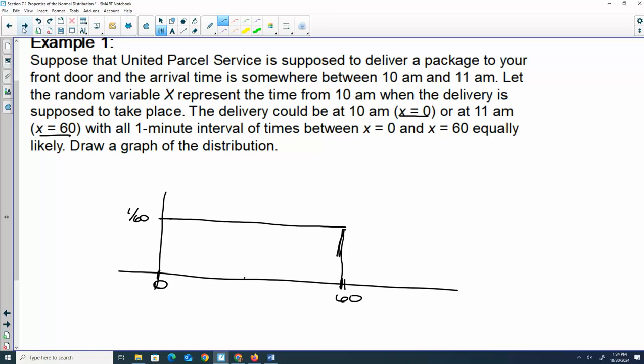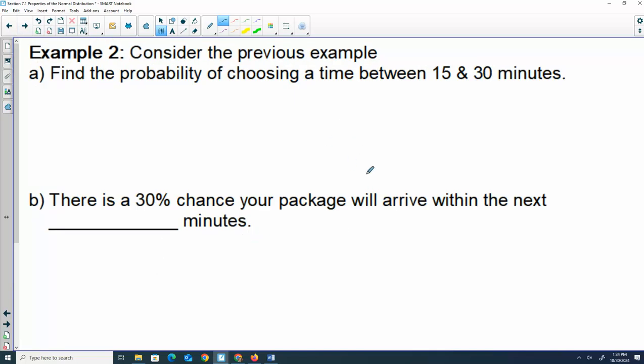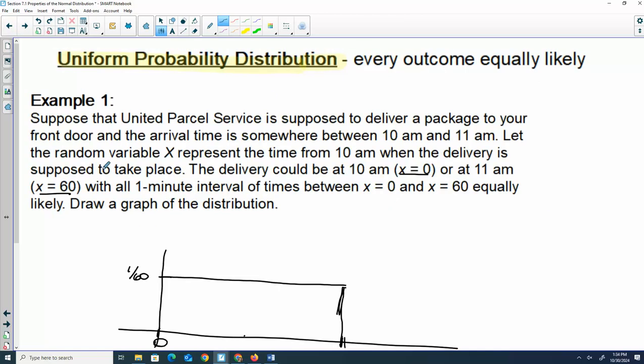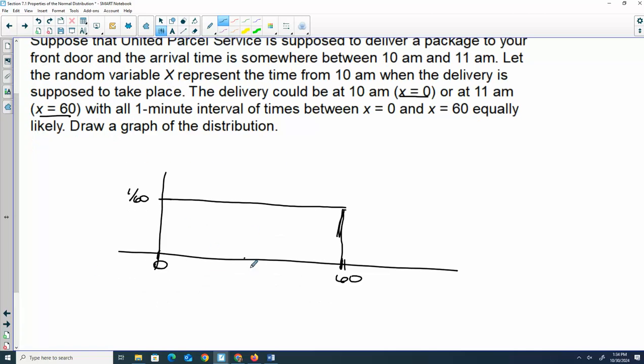Using this, what would be the probability that they show up between 15 and 30 minutes? So if we think about this, the probability is really just the area in this rectangle, right? If we're going to be between 15 and 30, find the area of that rectangle. Length times width.